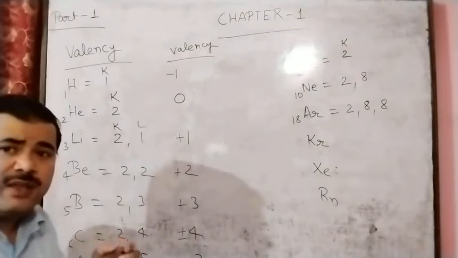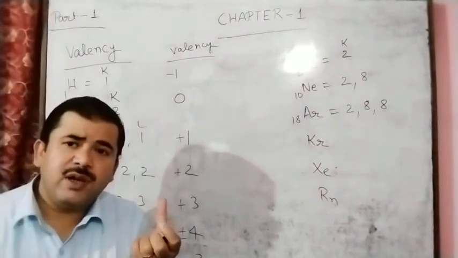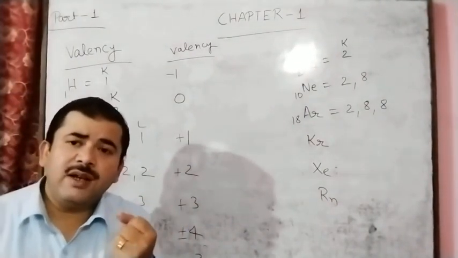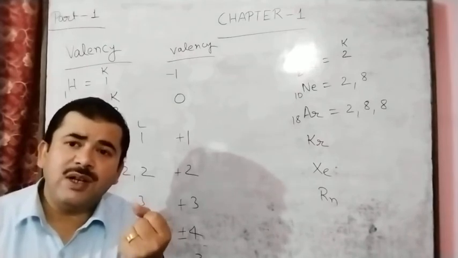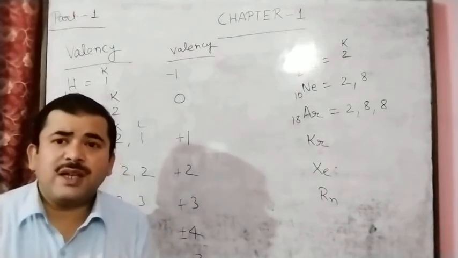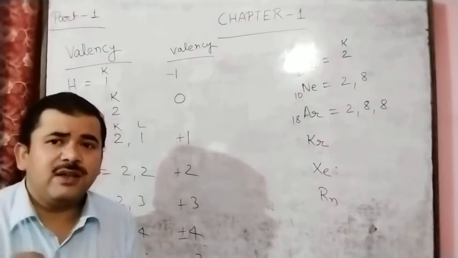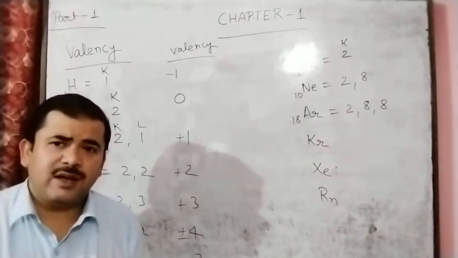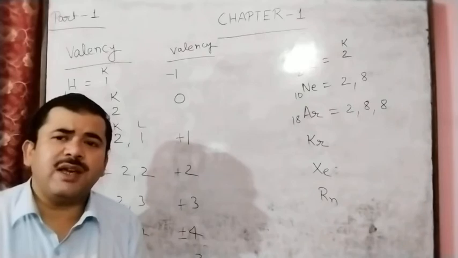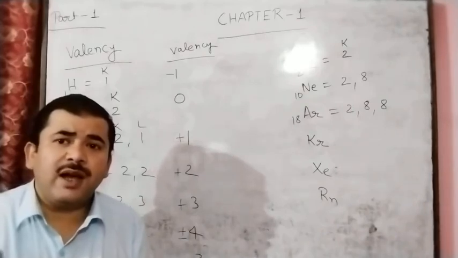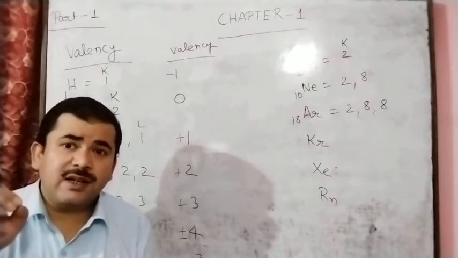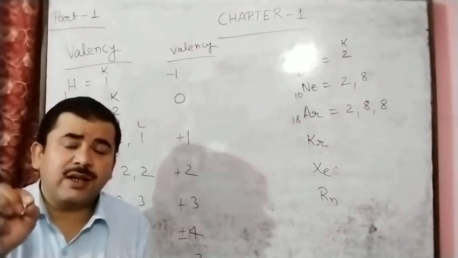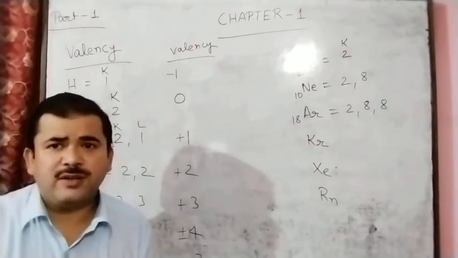Because hydrogen is the smallest atom, atomic number 1, and it has number of protons only 1, number of electrons only 1. So this atom has no tendency to gain an electron. So in most of the cases, the hydrogen atom has no capacity to gain the electron, because in the nucleus of the hydrogen atom, only 1 proton is present.